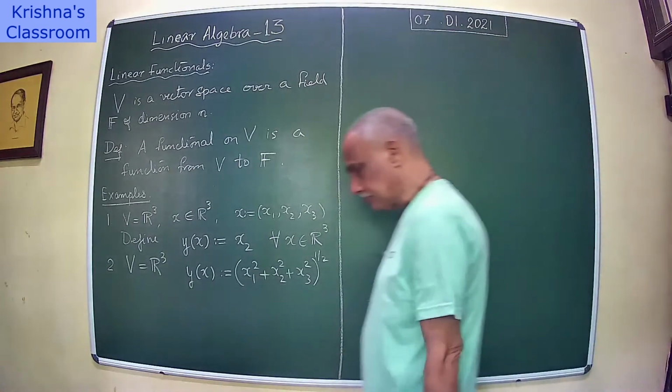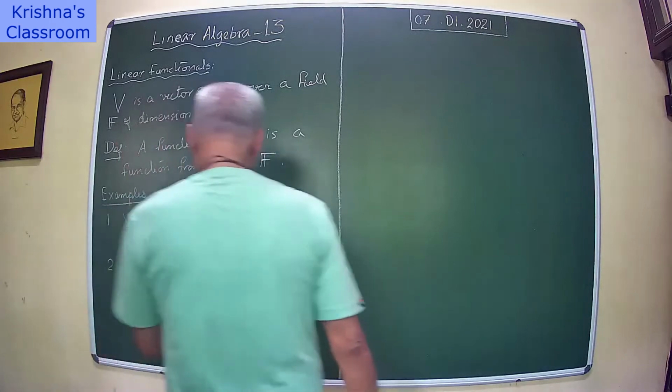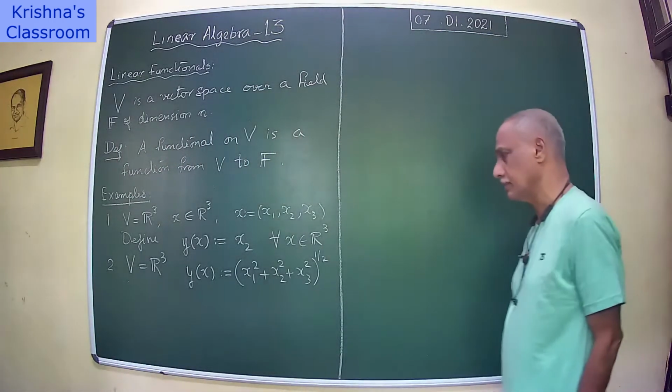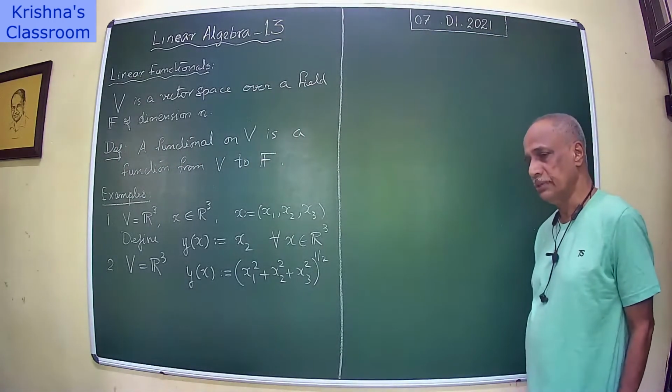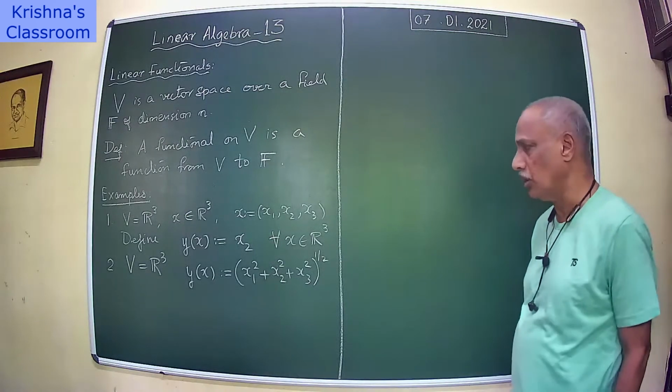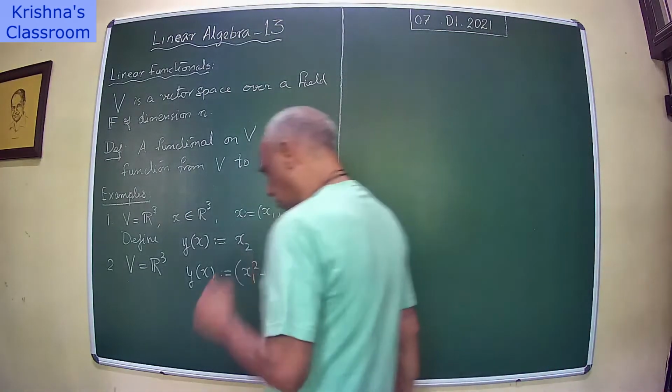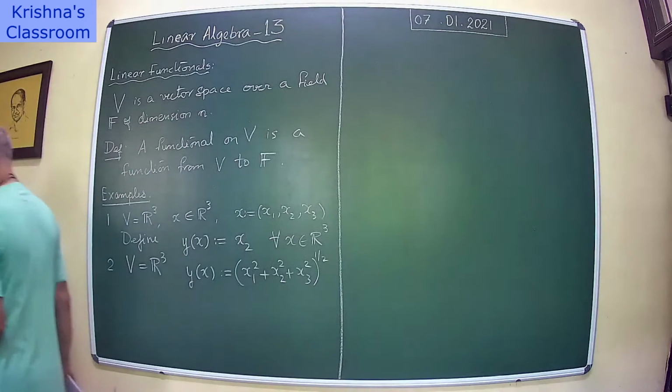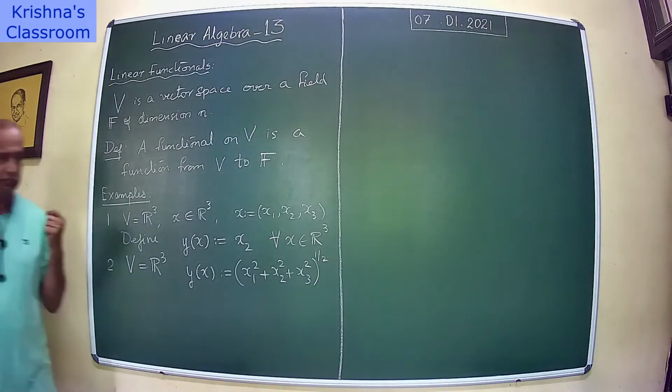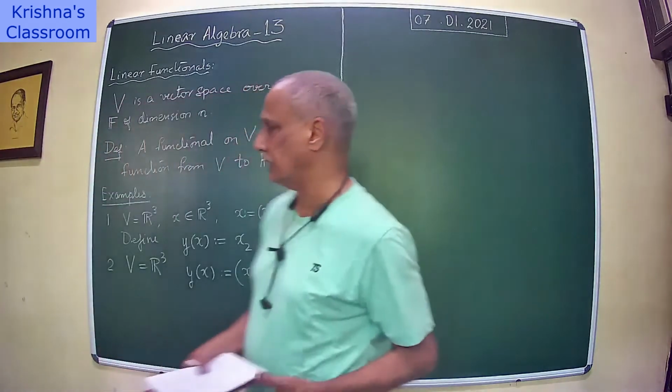Now you know that this is exactly the length of the vector. So the length of the vector, which you call the L2 norm of the vector, or the Euclidean norm of the vector, is a functional.